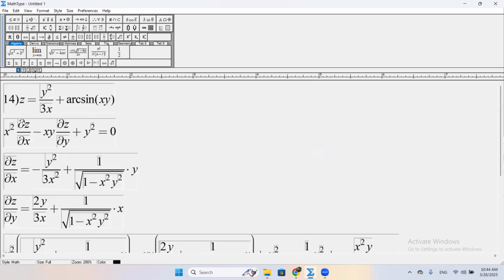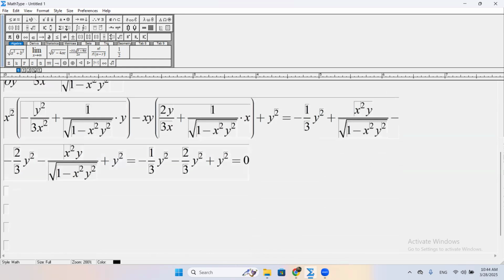So finally, yeah, function z satisfies the differential equation. And of course, let's write down the conclusion. So that's it. So it's done.